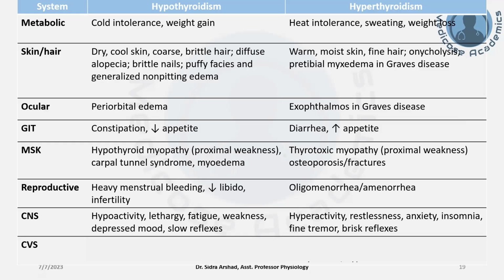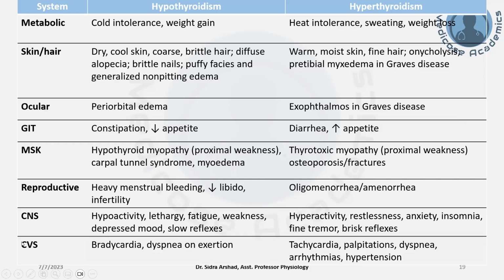So one of the clinical tests for hypothyroidism is that the deep tendon reflexes can be assessed, and in hypothyroidism, these reflexes would be delayed or slowed. In hyperthyroidism, these individuals may appear hyperactive, restless, and they are prone to develop anxiety-like features, insomnia, fine tremors, and their reflexes could be brisk if assessed.